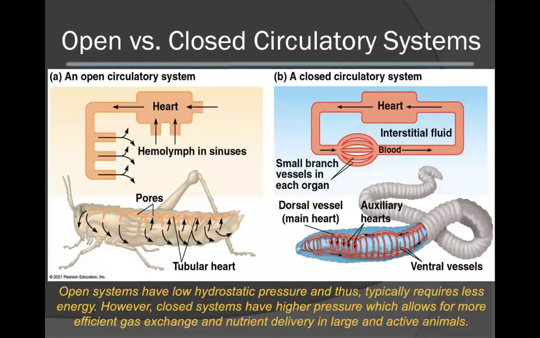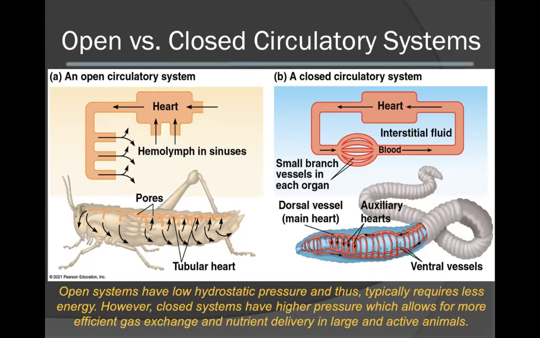This diagram highlights the difference between open and closed circulatory systems. Note the presence of a heart in both. Also note the presence of hemolymph in an open circulatory system, while blood and interstitial fluid is kept separate in a closed circulatory system.